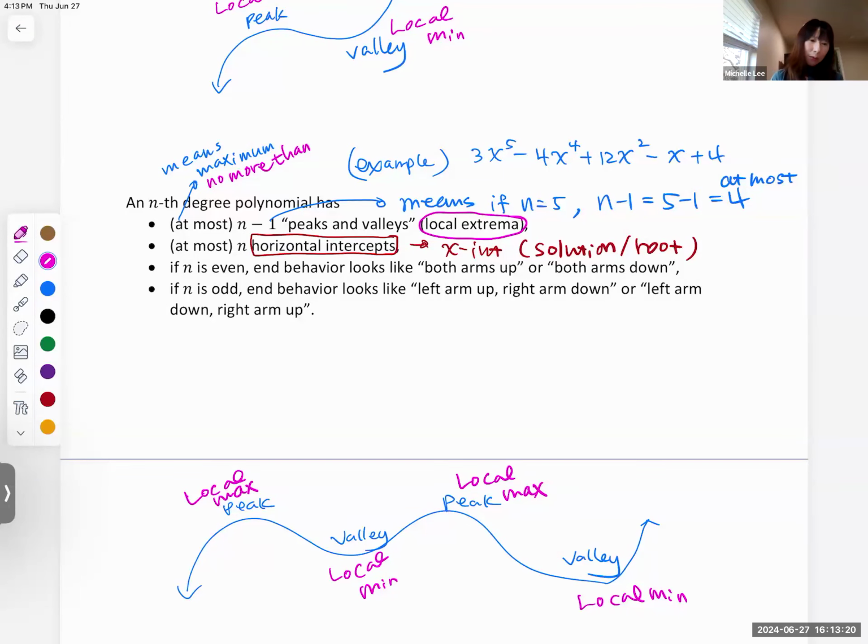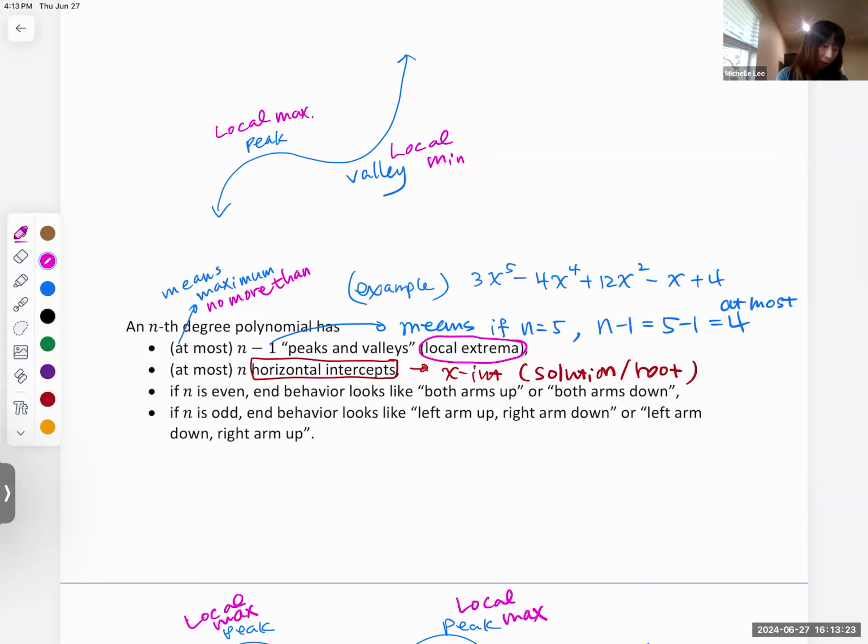So end behavior means this part, the end of the graph. The end of the graph might go to negative infinity. So in that case, it goes to negative infinity, right?